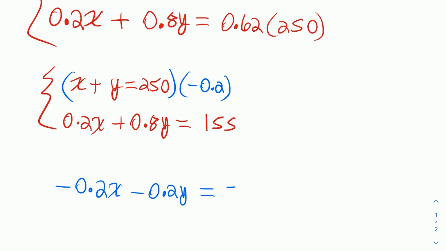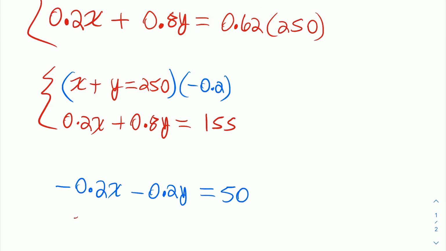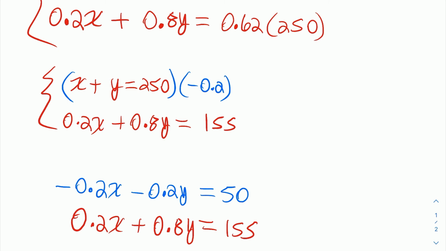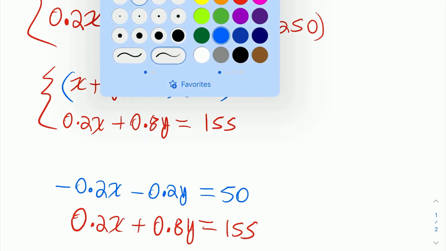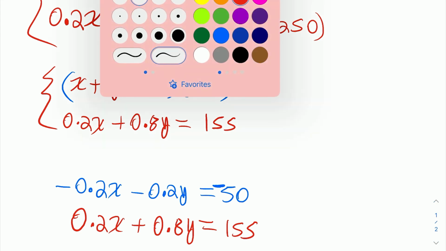The bottom equation is going to stay itself. I don't have to modify that one. Oh, I forgot, this 50 should actually be negative 50, right? Because it's negative 0.2 that we're multiplying by.